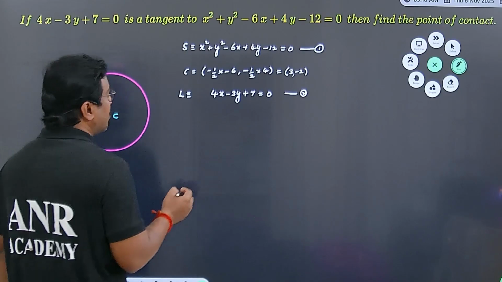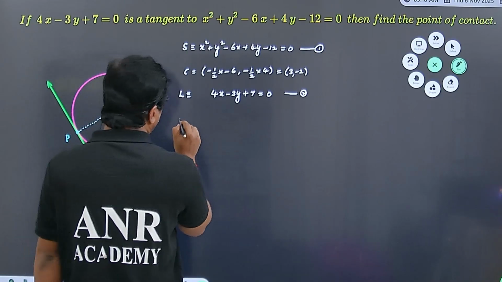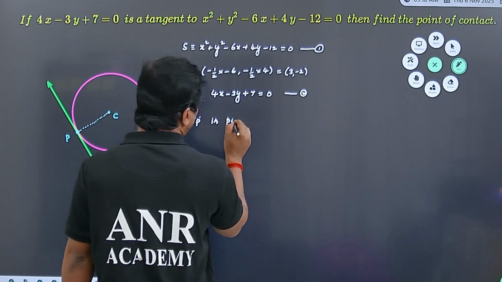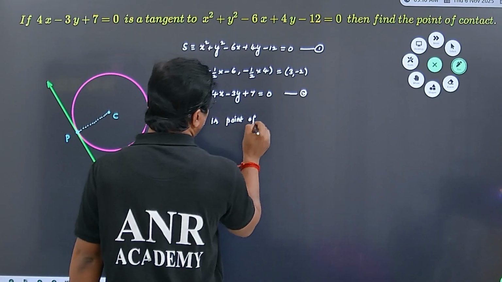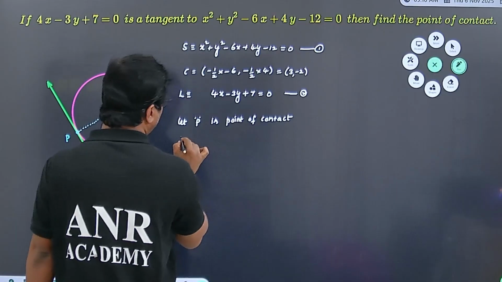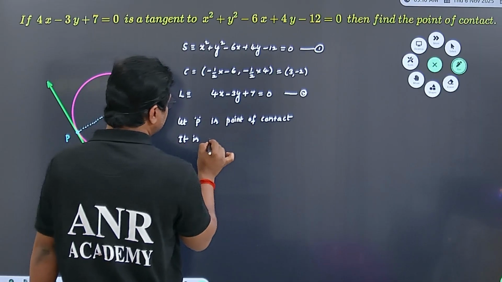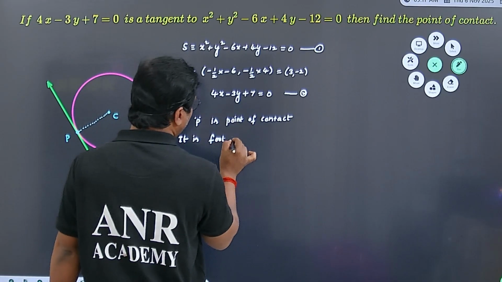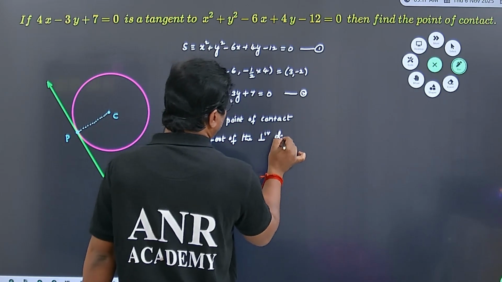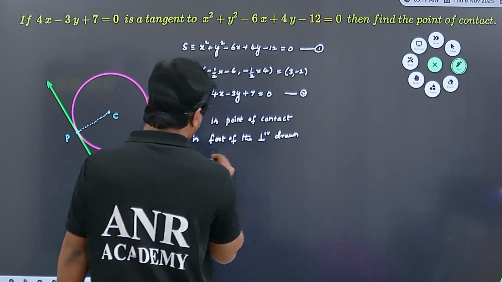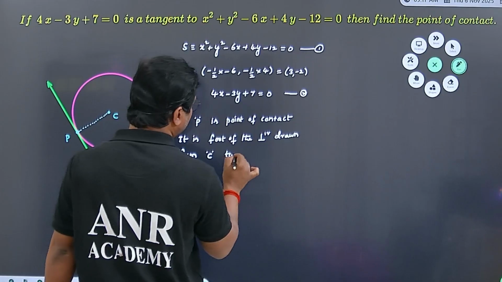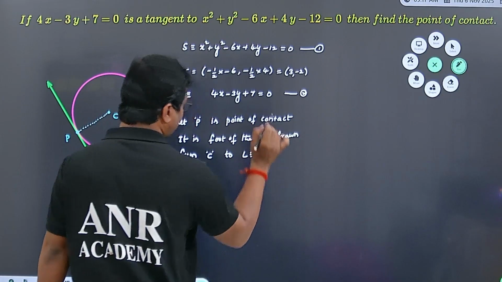Clearly, foot of the perpendicular. Let P is point of contact. When it is point of contact, it is foot of the perpendicular drawn from center to the line L equal to 0.